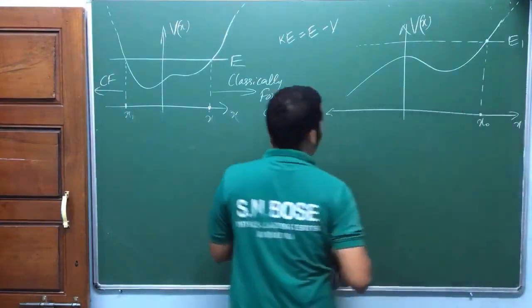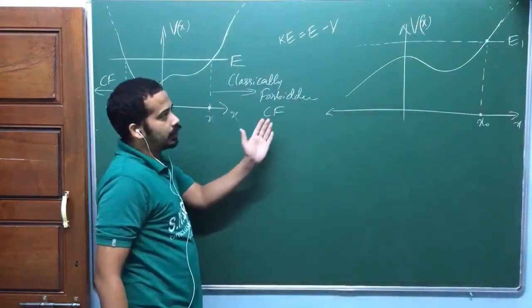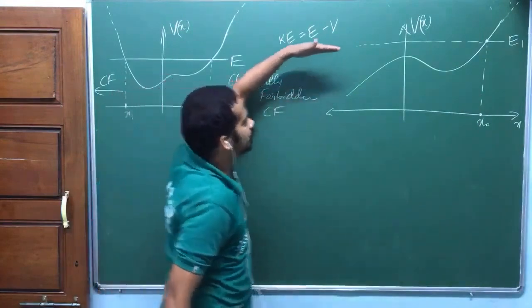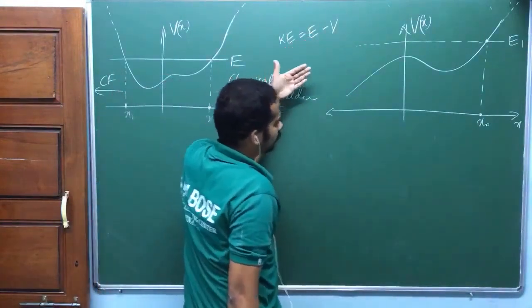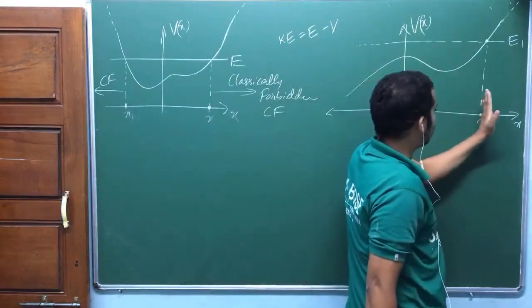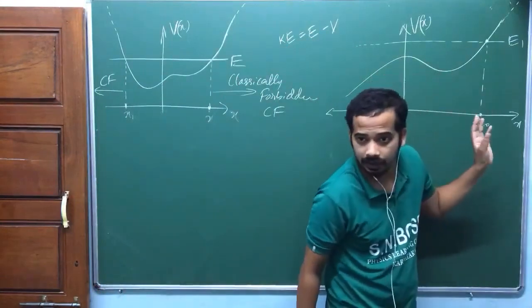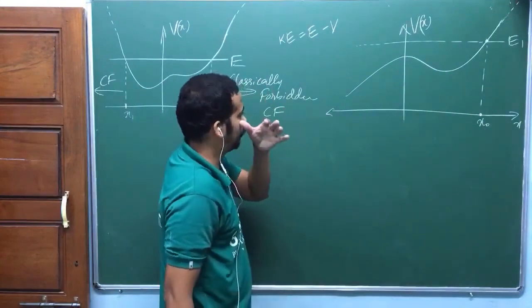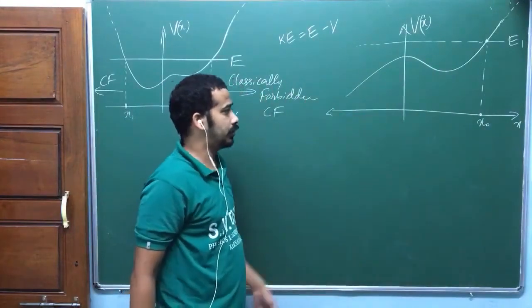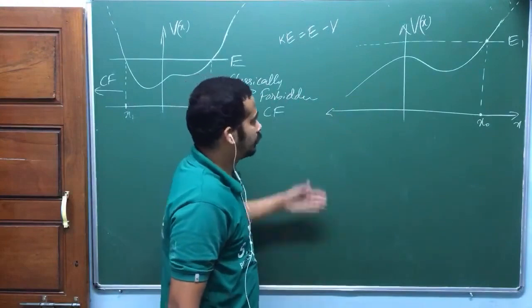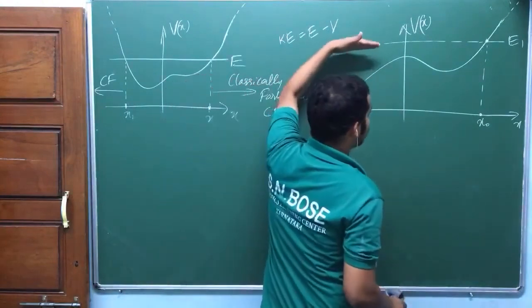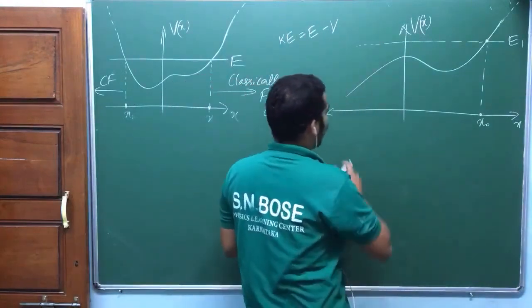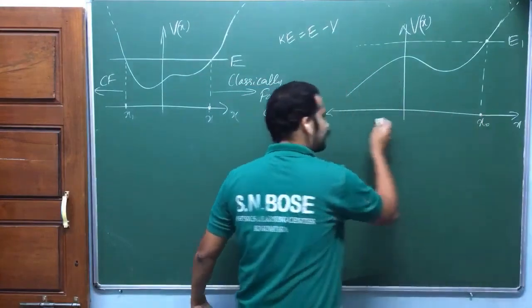Or if you shoot the particle from this side towards this kind of potential with this much energy, what will happen? The particle will come up to here. So classically, I'm talking classically, if you shoot the particle from the negative x direction towards the positive x direction, into this potential with this much energy, the particle will come up to this point and again go back.